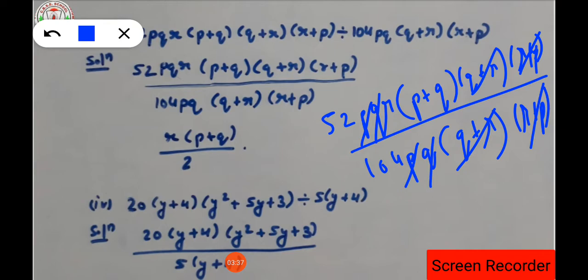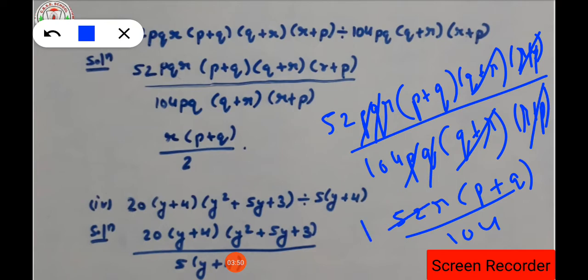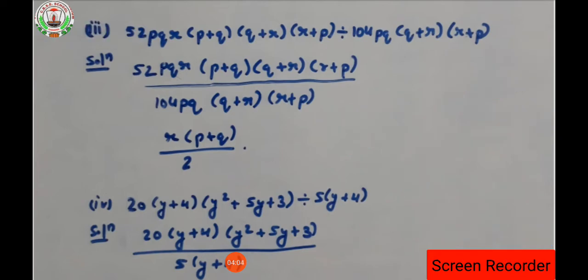So what is left out? That is 52 R into (P plus Q) upon 104. Now 52 ones are 52, and in the table of 52, 104 comes two times. So the answer is R into (P plus Q) upon 2.